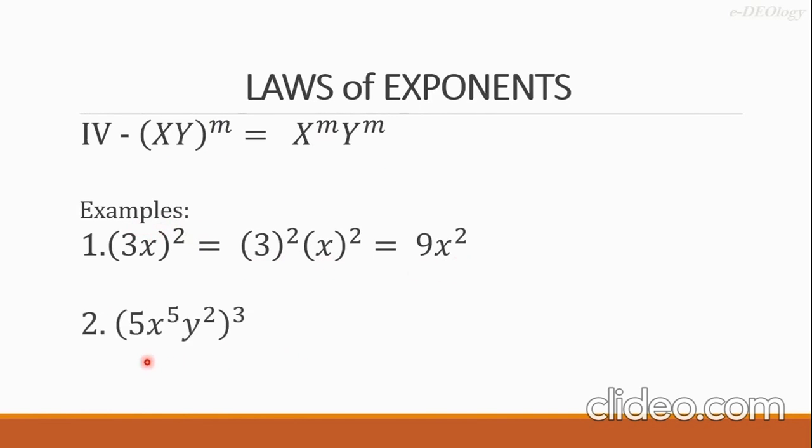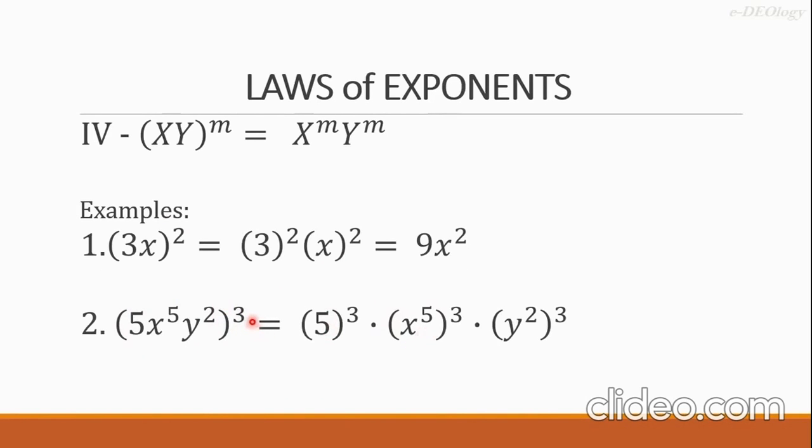Another example is the quantity 5x raised to 5 y square, all raised to power 3. So we're going to distribute the 3 to all the terms inside. So the power 3 is given to the base 5. The power 3 is distributed to x power 5.